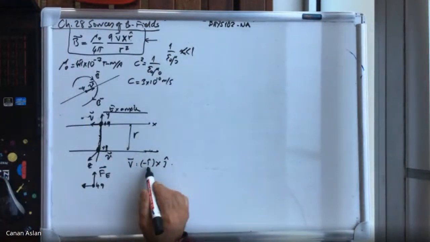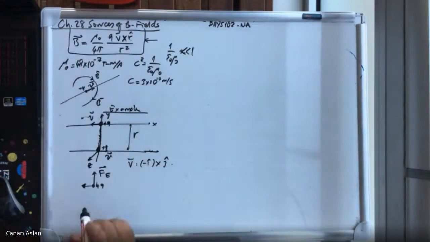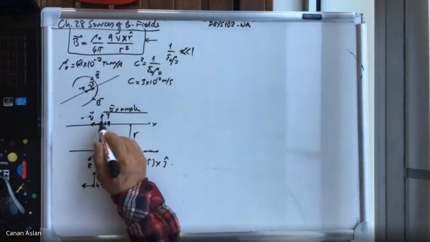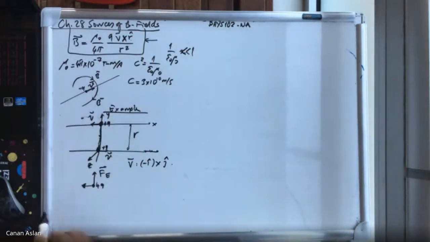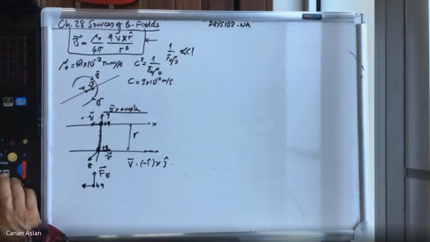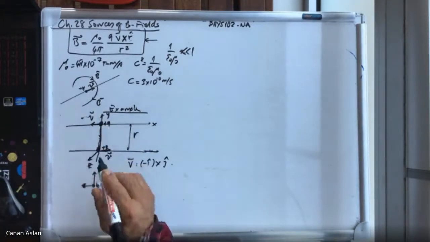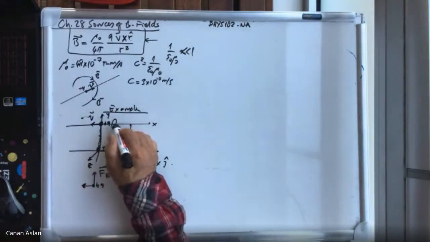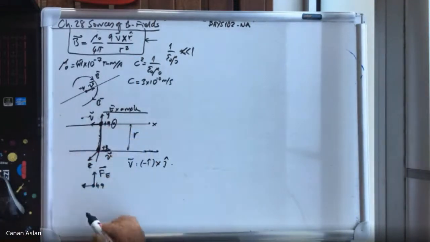So the magnetic field will be in the i cross j, minus z direction, basically. In the minus z direction. So here, the magnetic field at this point, due to this charge, because the charge is moving this way, will be totally in the z direction. The magnetic field due to this one will be in the upper direction.